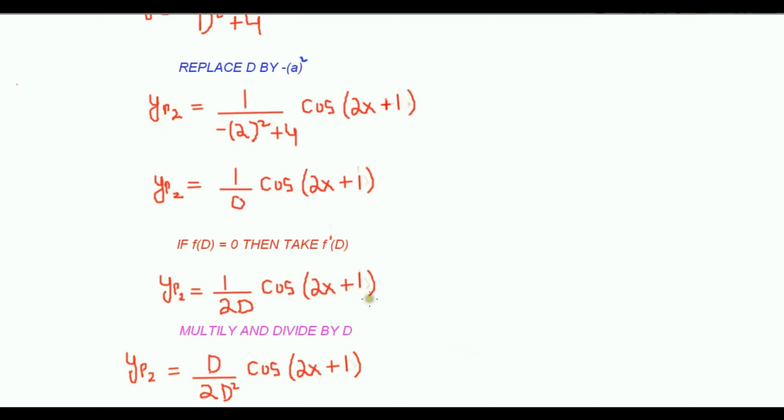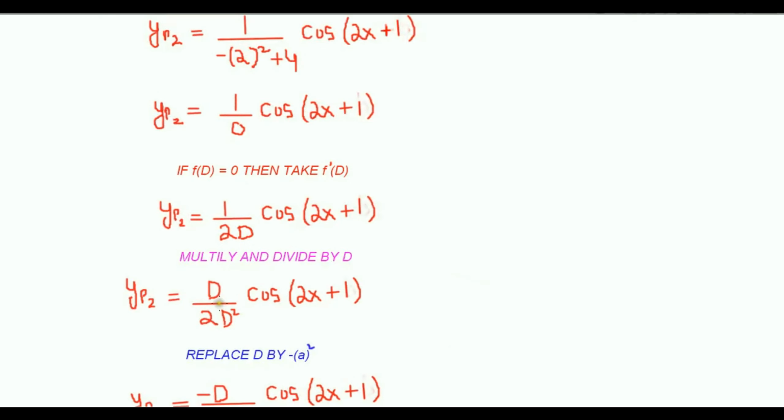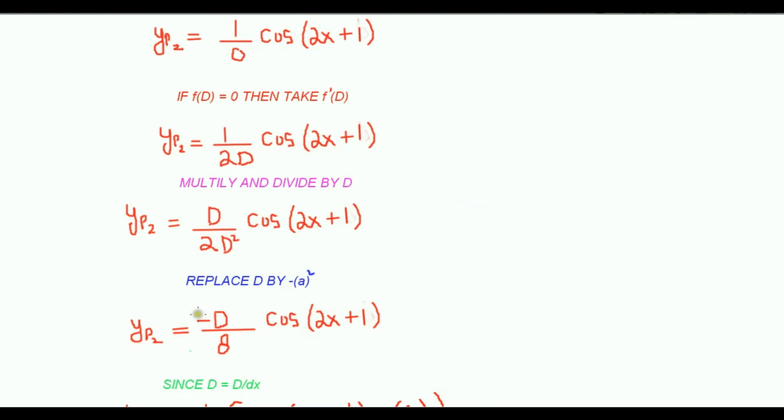Now I have to multiply and divide by d so that I get d squared in the denominator. By multiplying and dividing by d, I get d squared in the denominator. Now I just have to replace d squared by minus a squared. So my equation will become minus d upon 8 cos 2x plus 1.